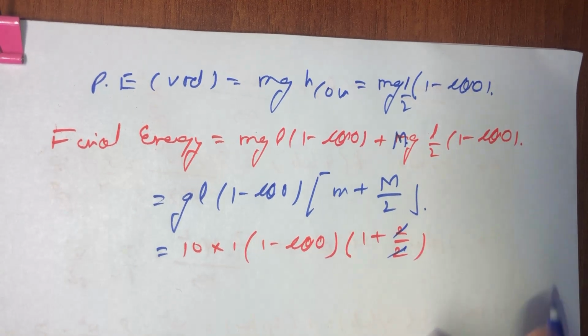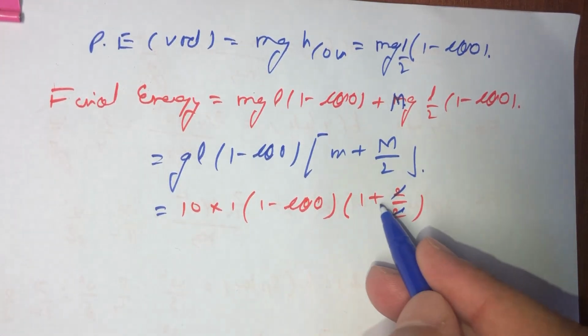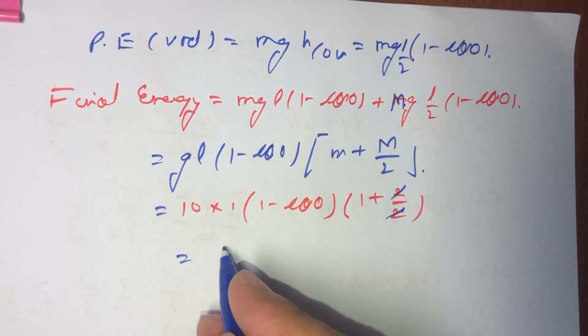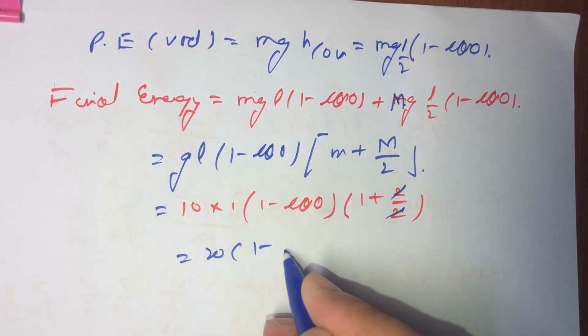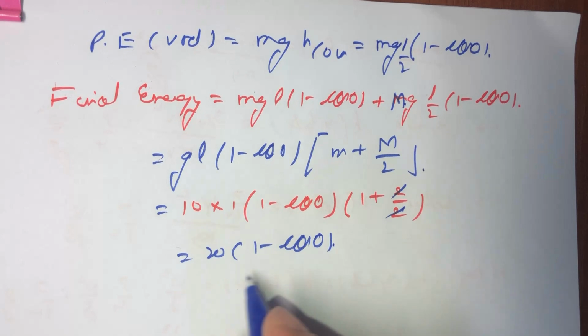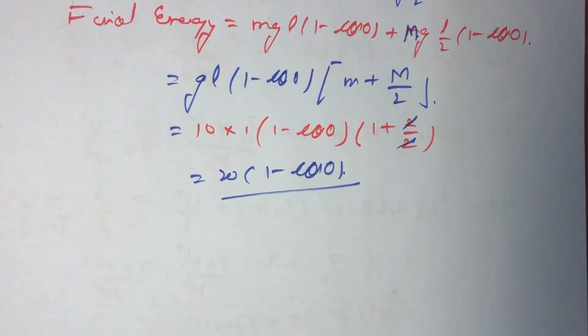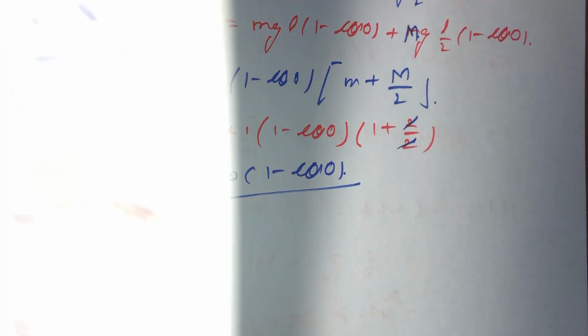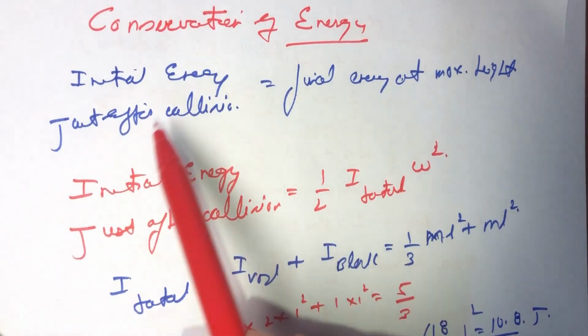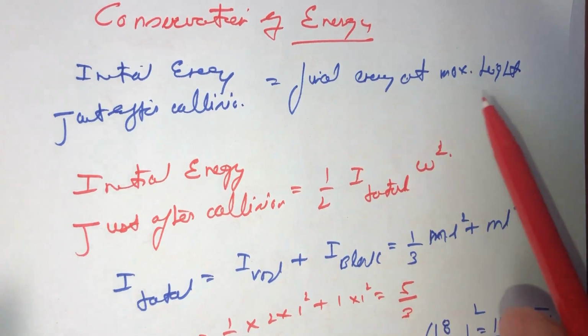So m goes with m, 2 cancels with 2, this will be 1 plus 1, so we get 20 times 1 minus cos of theta. So we found the initial energy as well as the final energy. So we are going to put initial energy and final energy in this equation.